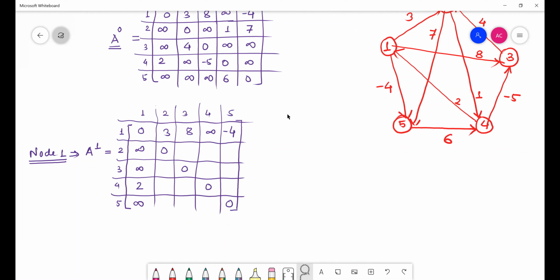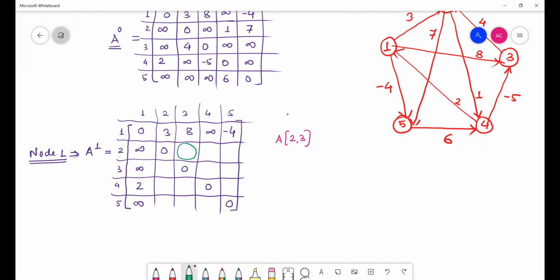Okay, so let's try it. We need to calculate A 2 3, in the matrix, 2 and 3. So basically this value we are calculating. Okay?